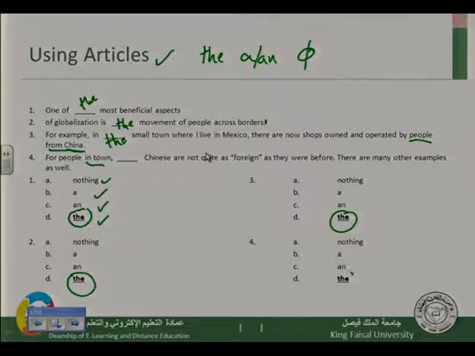So you use the definite article with them, right? For people in town, the Chinese are not quite as foreign as they were before. There are many examples as well.